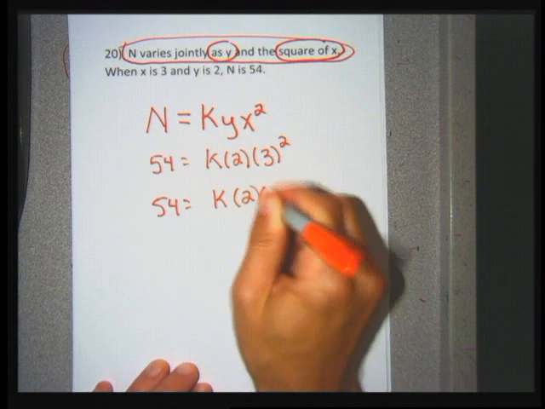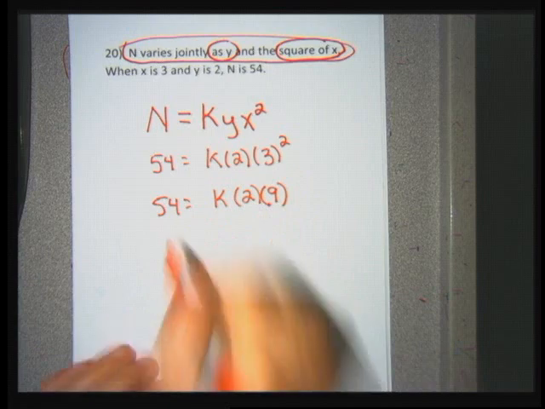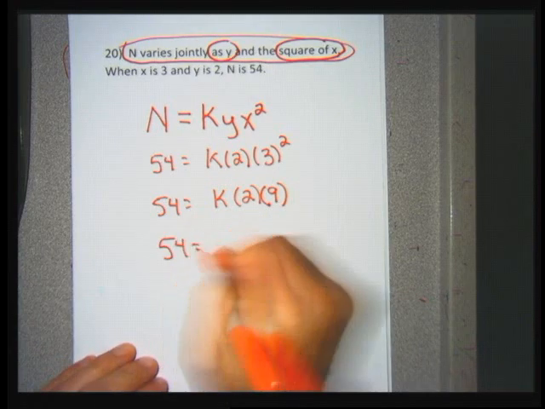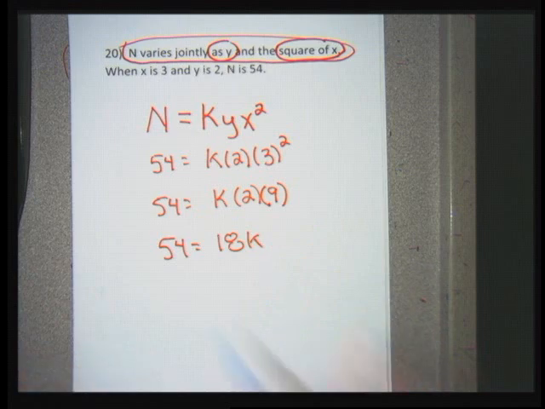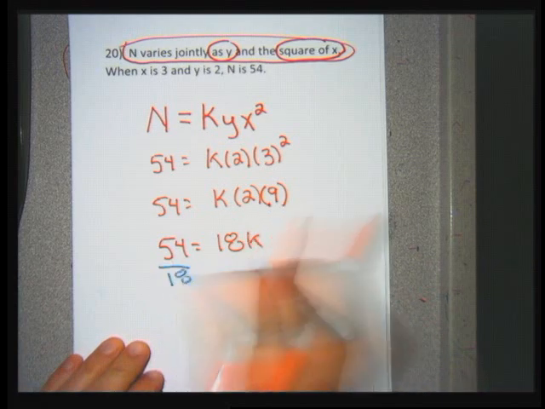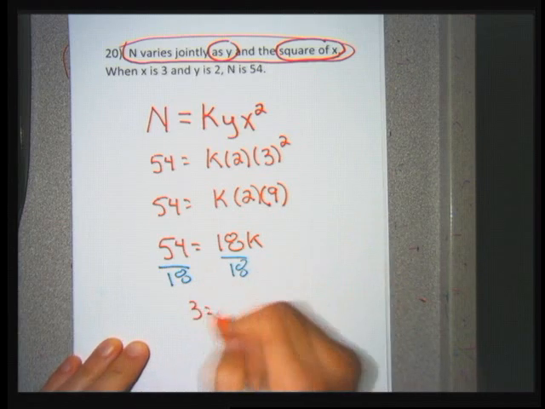So if you got a 36 there temporarily because you did 2 times 3 is 6 and 6 squared is 36, you violated the orders of operations. You do exponents and then multiplication. So the correct algebra would have 54 equal to 18k, and then you divide both sides by 18, and the answer is 3 equal to k.